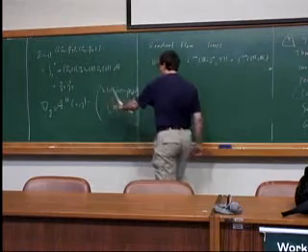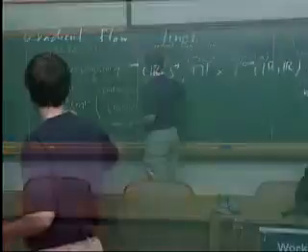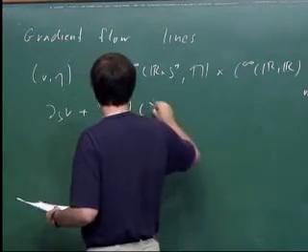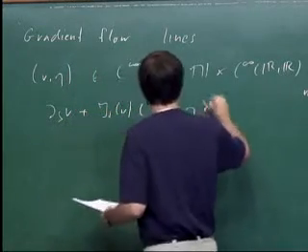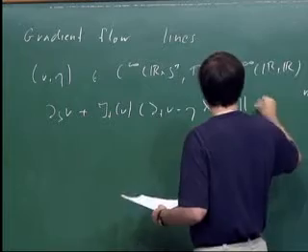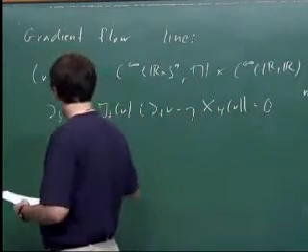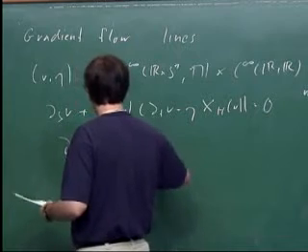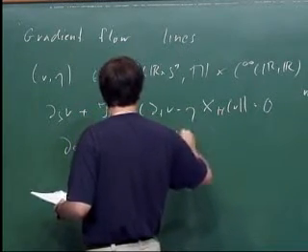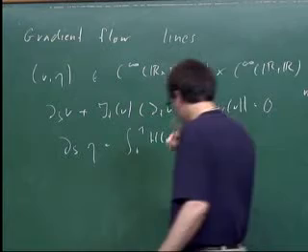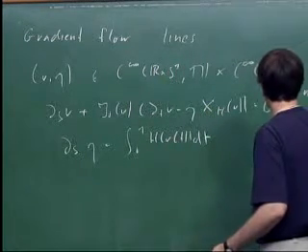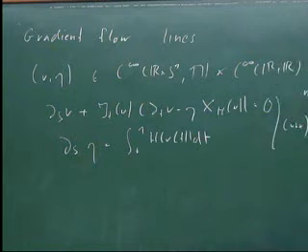If you plug in this formula, we get d_s v plus J_t(v) d_t v minus eta X_H(v) equals 0, and then the second equation: d_s eta equals the mean value of H along this loop. So this is our gradient equation.